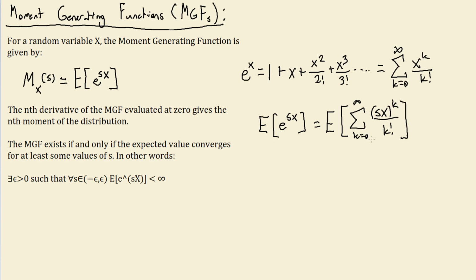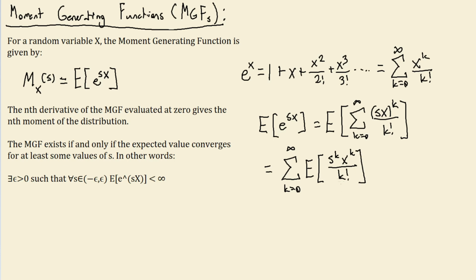But we know from the linearity of expectation that we can distribute the expectation across each of the terms in the summation. So this is equivalent to the sum from k equals 0 to infinity of the individual expected values. Here I'll distribute this exponent, so this is s to the k times x to the k over k factorial.